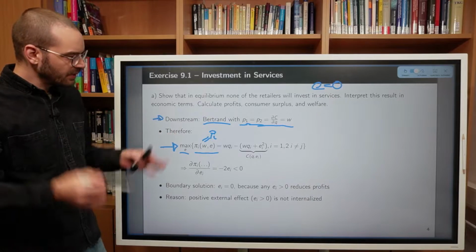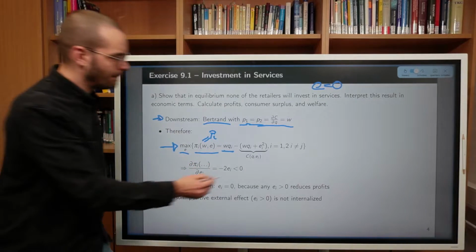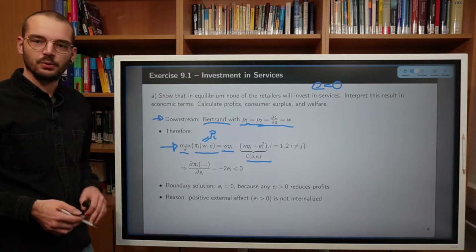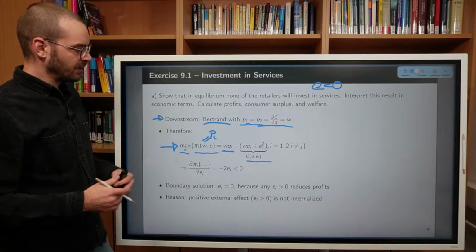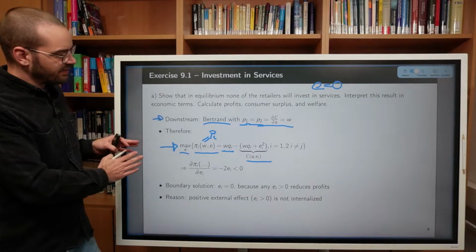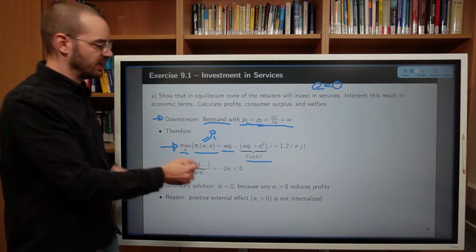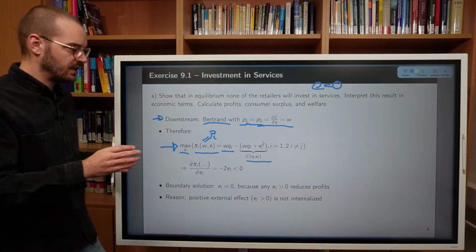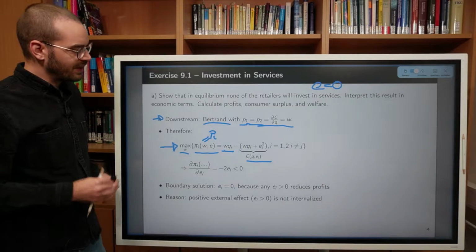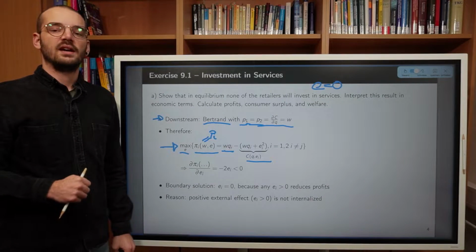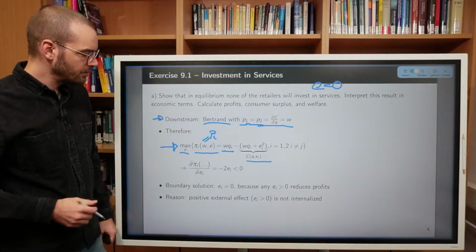And this profit function then reads the revenue, this first half, minus the total costs associated with selling any quantity Qi. So this is the profit function of both of the retailers. It's of course the same for both retailers, so we can simply write it down in the notation with an index I, where I can take value 1 or 2, depending on which of the two retailers we are considering at the moment. But by symmetry, this holds for both firms.